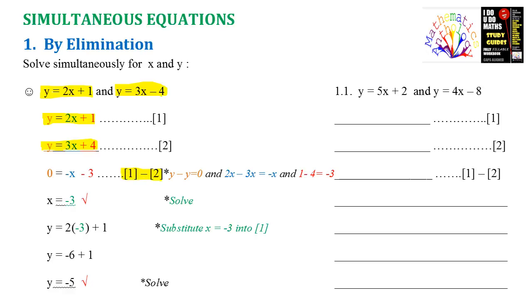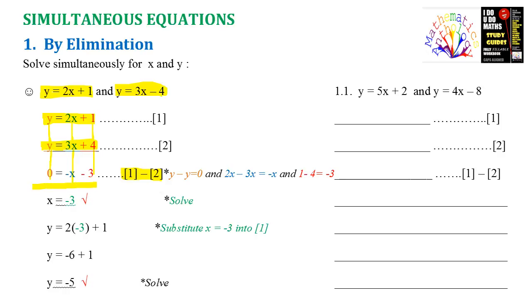So y minus y will give me 0, 2x minus 3x will give me negative x, and 1 minus 4 will give me negative 3. So I will end up with an equation that is 0 is equal to negative x minus 3.